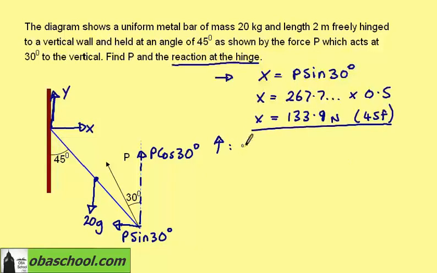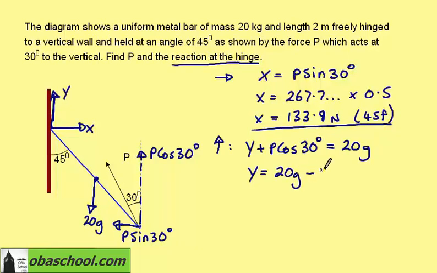If we look vertically, we must have Y and P cos 30, which act upwards, equal to the 20g, which acts downwards. So Y is going to be 20 times g, take away P times the cosine of 30 degrees. So Y is minus 35.84 newtons, correct to 4 significant figures.